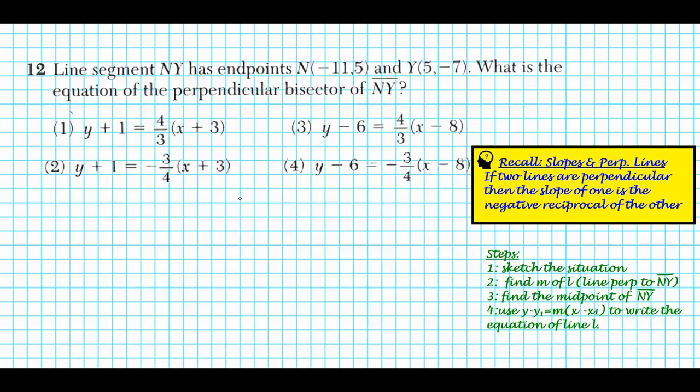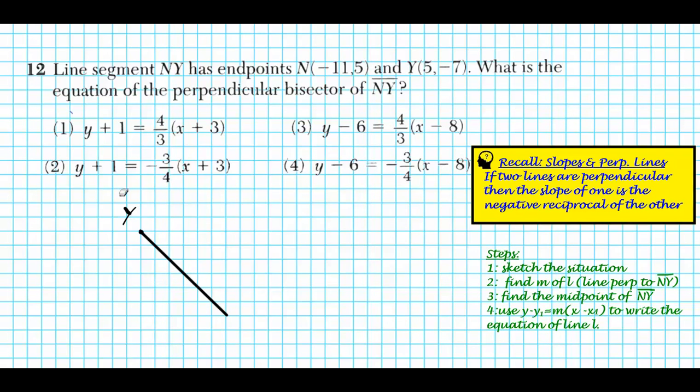So let's start by sketching segment NY. This is not to scale by any means. Okay, so let's say that's segment NY. So this right here is Y. Wait, let me switch that around.